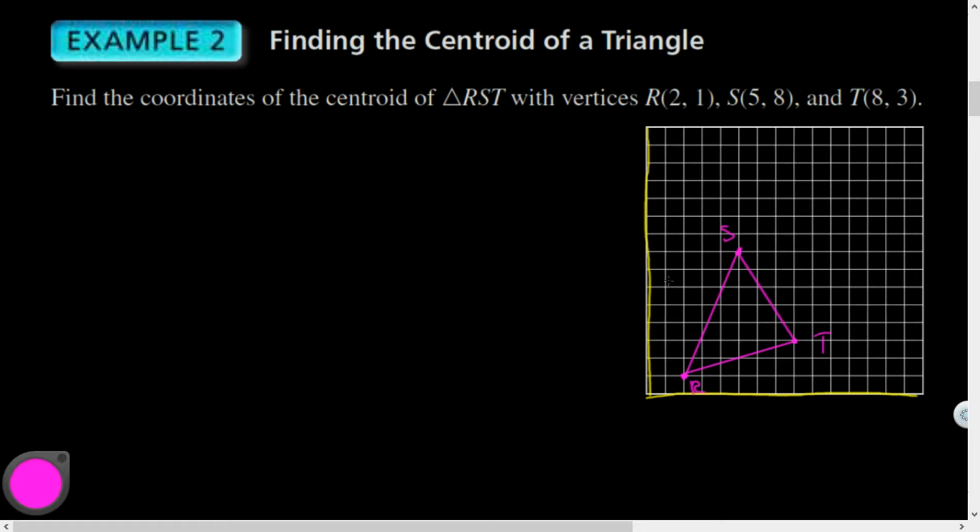how do I find a median? It connects what points? It connects a vertex to a middle. What's the math word for middle when I'm talking points? The midpoint, and the midpoint formula is the average of the x's and the average of the y's. So I should find the midpoint of 2 of these sides, maybe?